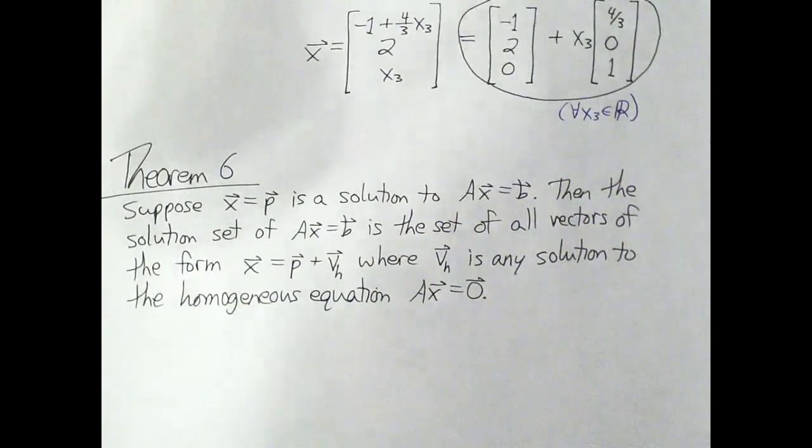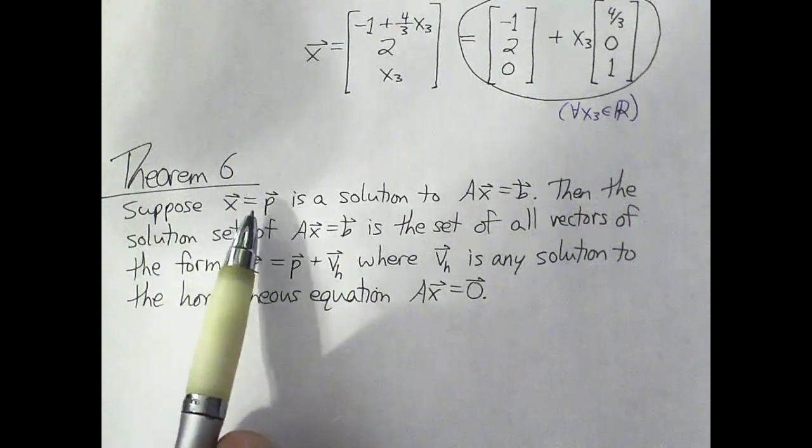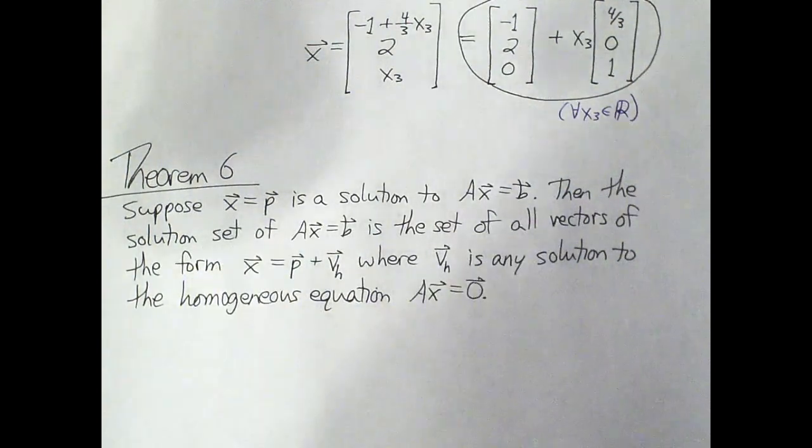I'll tell you that the use of the letter p here, you could think of it as p stands for particular. p is a particular solution. So suppose p is a particular solution, one specific solution, to Ax equals b.